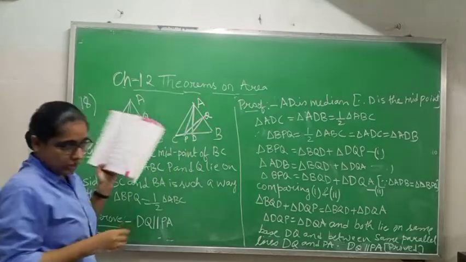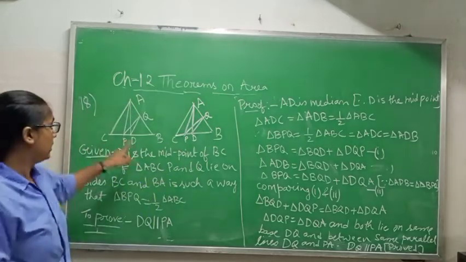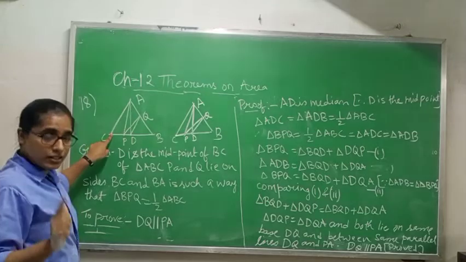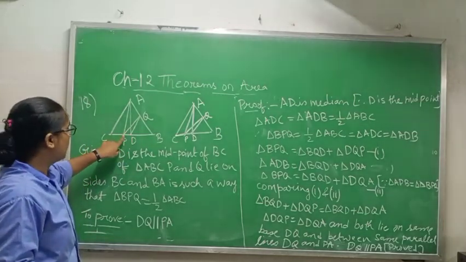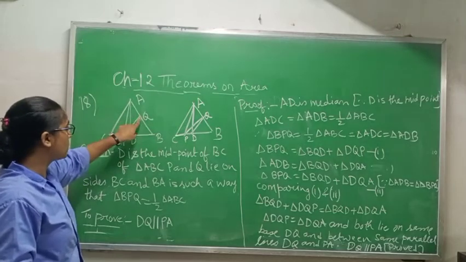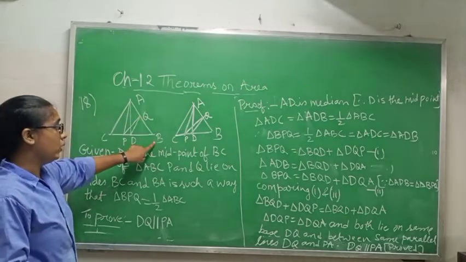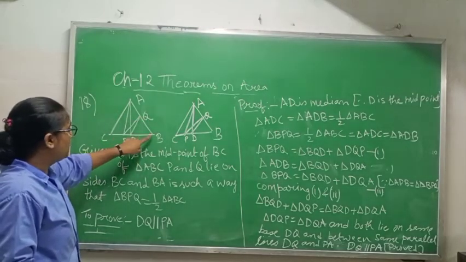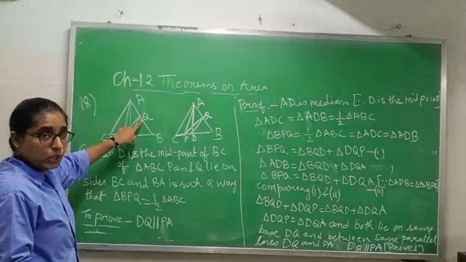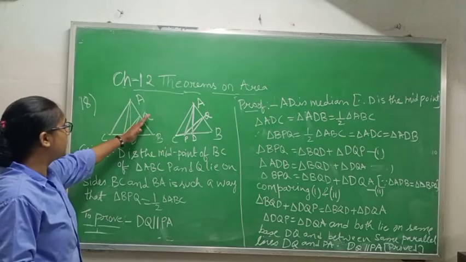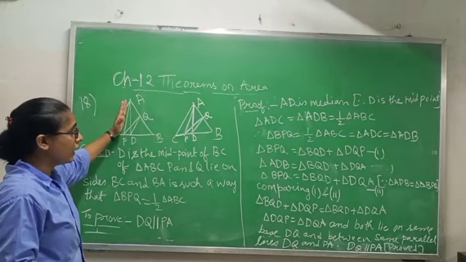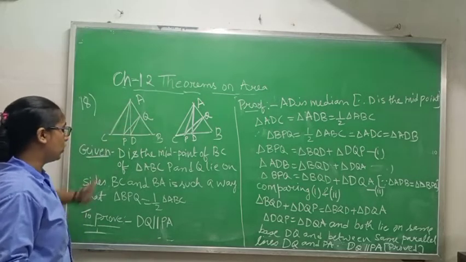Now see this diagram. ABC is a triangle, D is the midpoint, P is a point on BC, Q is a point on AB, and triangle BPQ equals half of triangle ABC. We have to prove that DQ is parallel to PA.